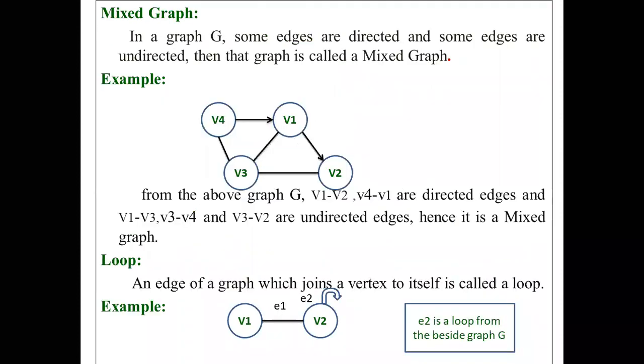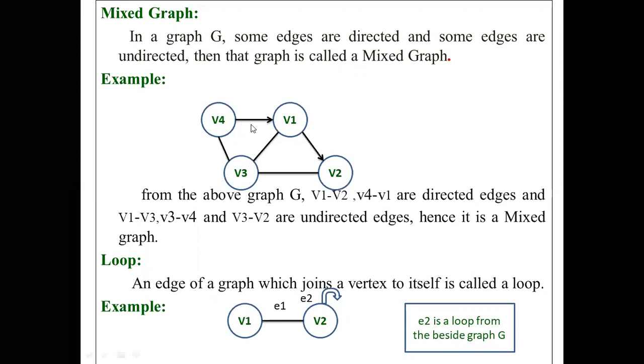Mixed graph. In a graph G, if some edges are directed and some edges are undirected, then that graph is called a mixed graph.